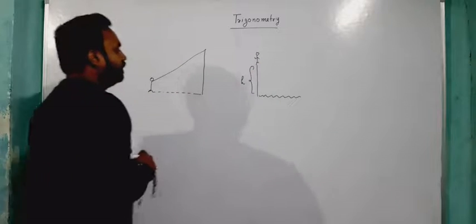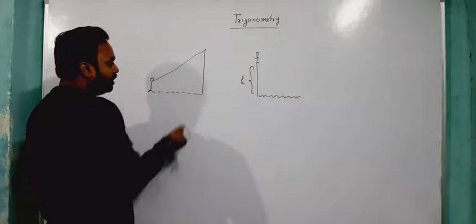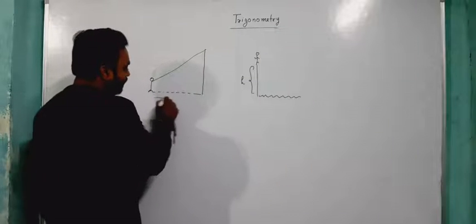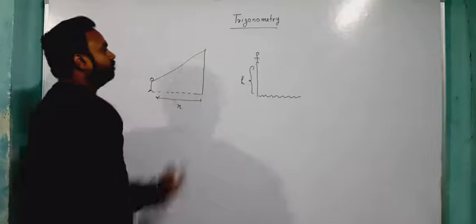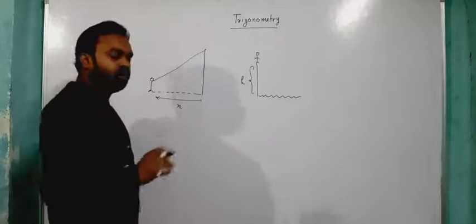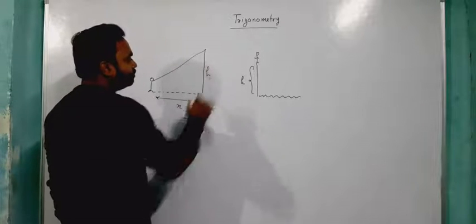In the case of the building, you are at a distance x from the building, and you want to calculate the value of h.